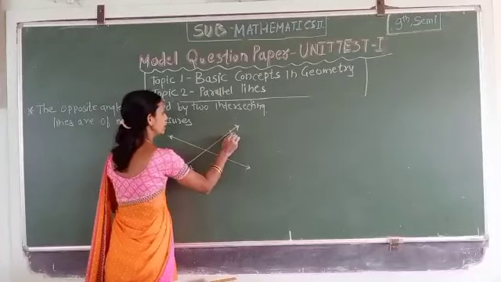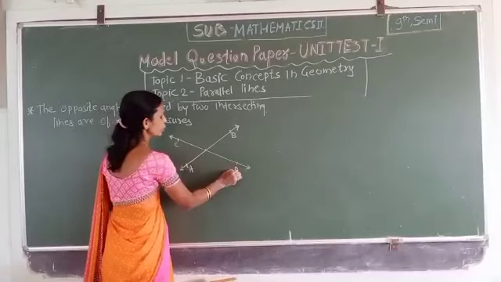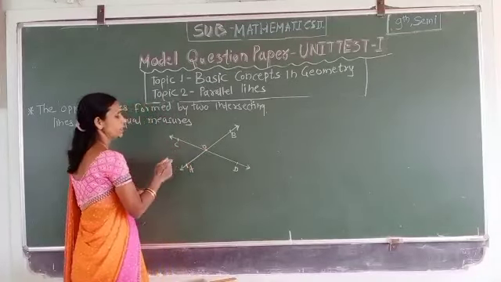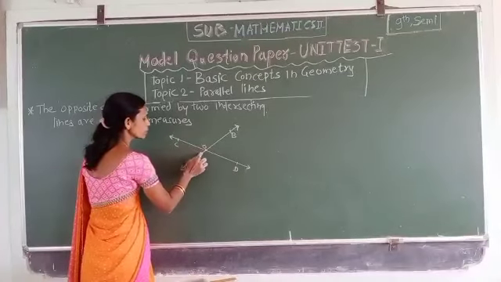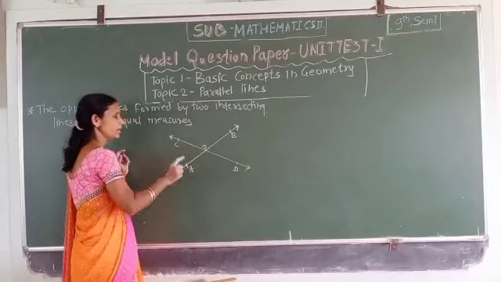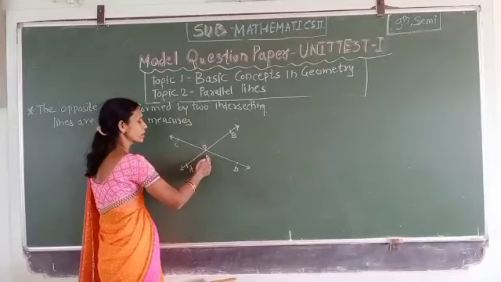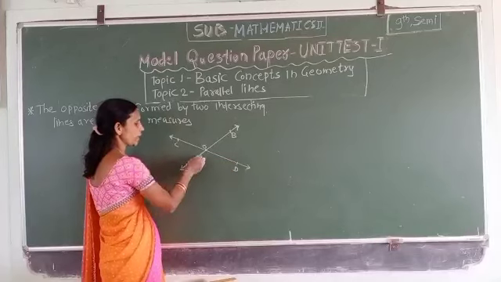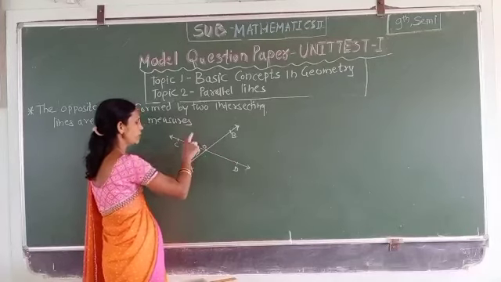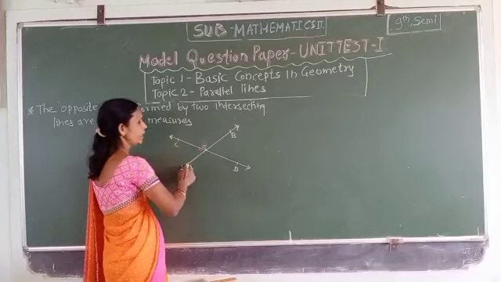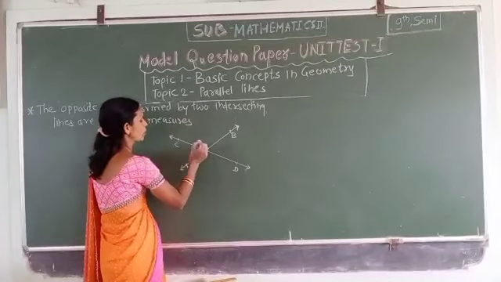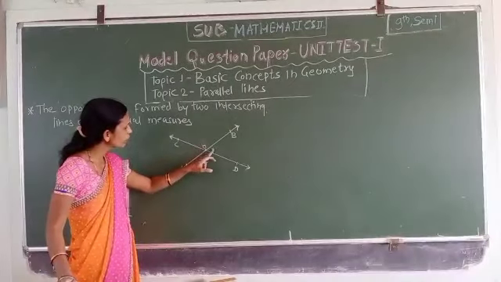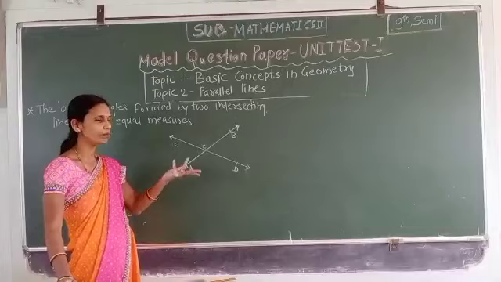Line AB and line CD intersect at point O, and 4 angles are formed, with 2 pairs of opposite angles. Angle BOC and angle DOA are an opposite pair, as well as angle COA and angle BOD. Then we have to prove that those opposite pairs of angles are congruent, that is of equal measure.